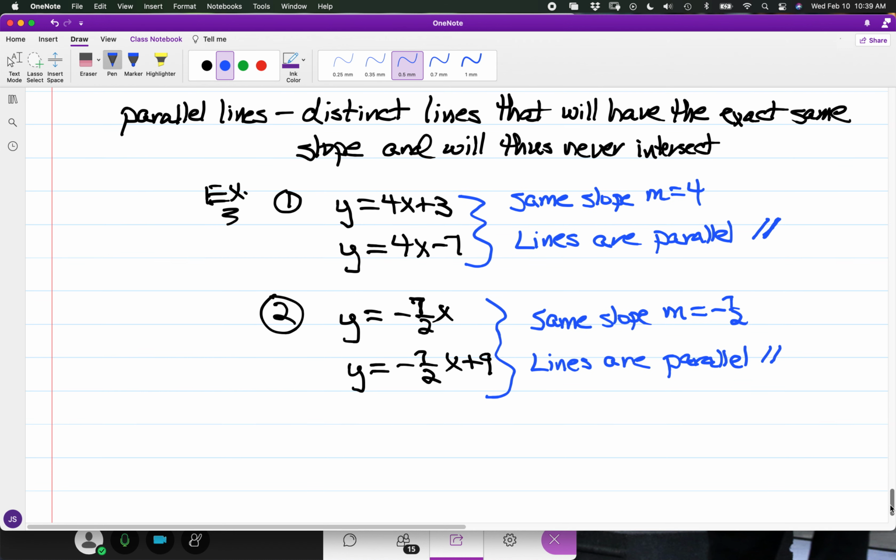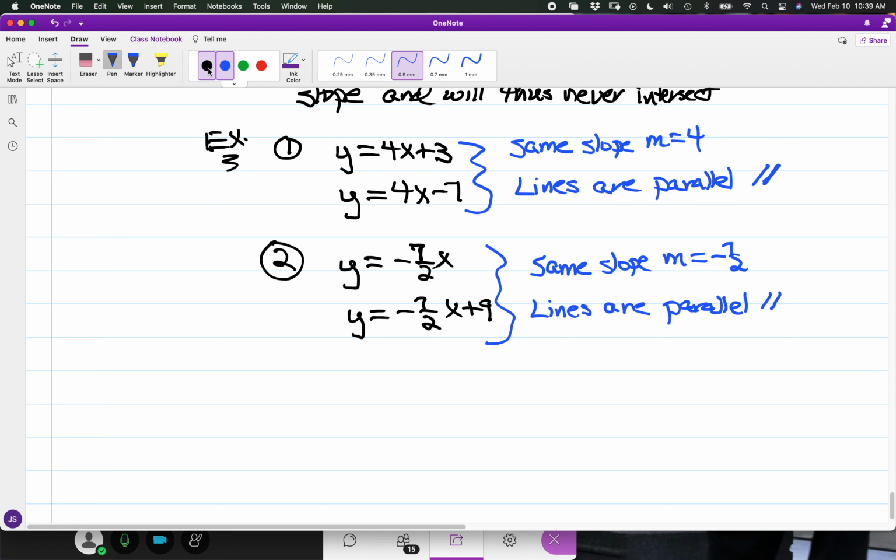All right. Now, in the case of perpendicular lines, we have a bit of a different story with this relation. For perpendicular lines, you will have lines that meet at a 90-degree angle.